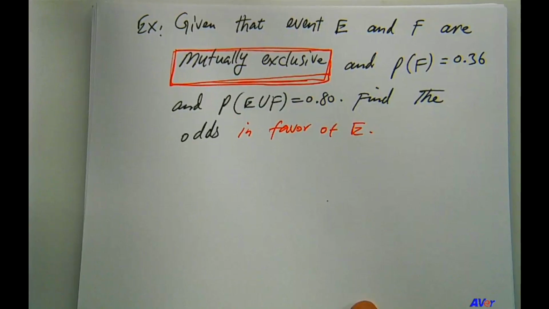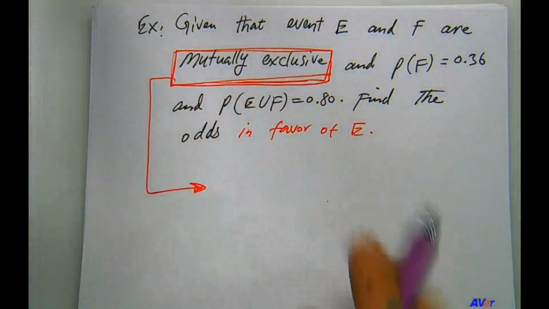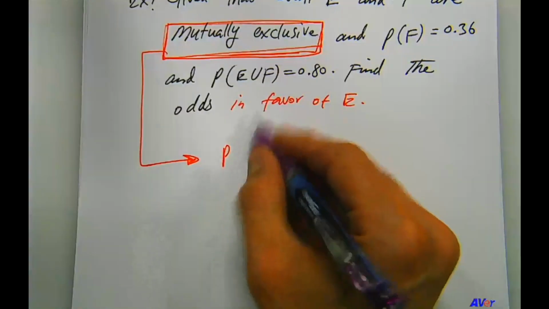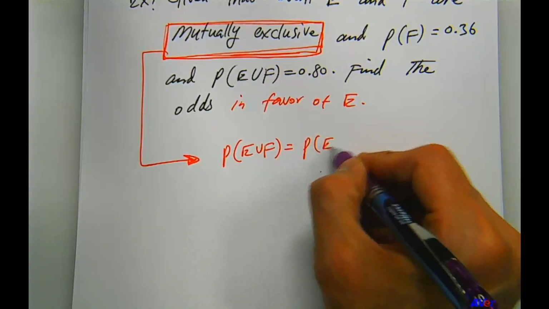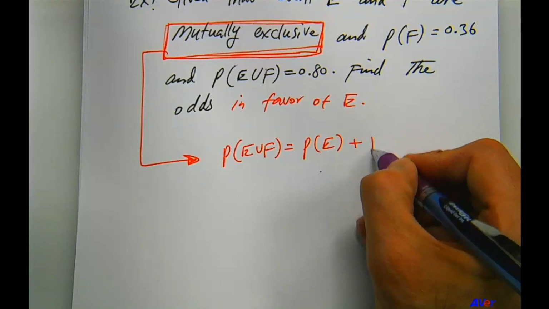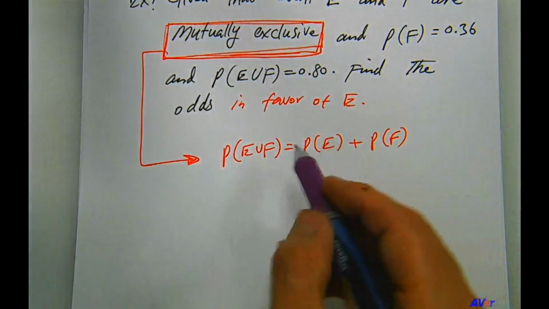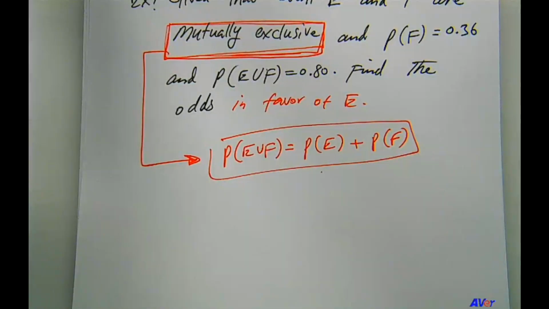Okay, so now, because we know that the events are mutually exclusive, then we know that the probability of E union F should be equal to the probability of E plus the probability of F, right? We know that because the probability of E intersection F drops out from the addition law or additive rule, because it is equal to 0.